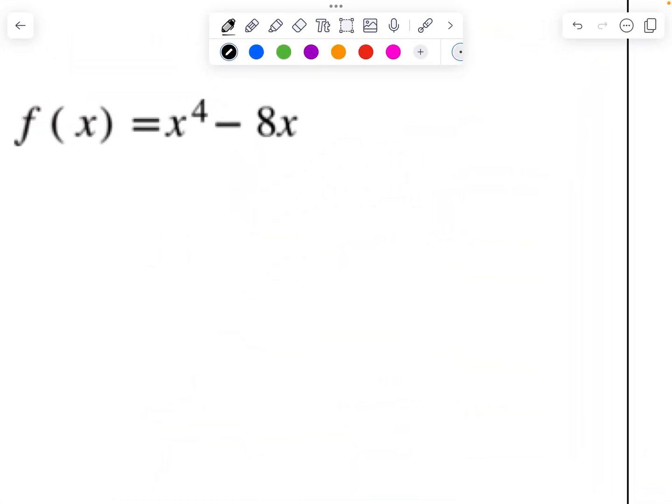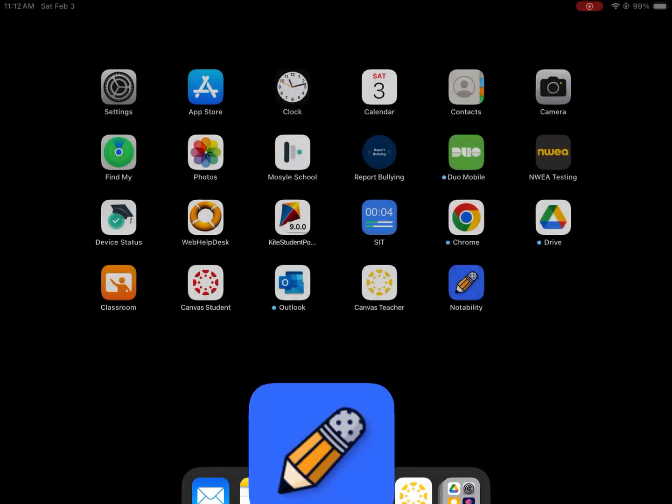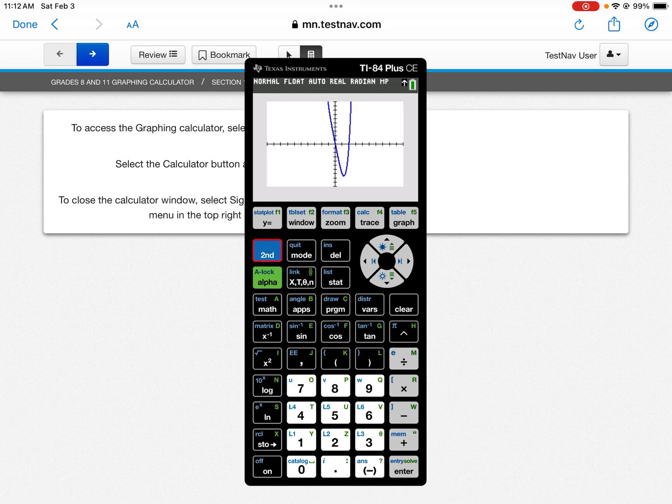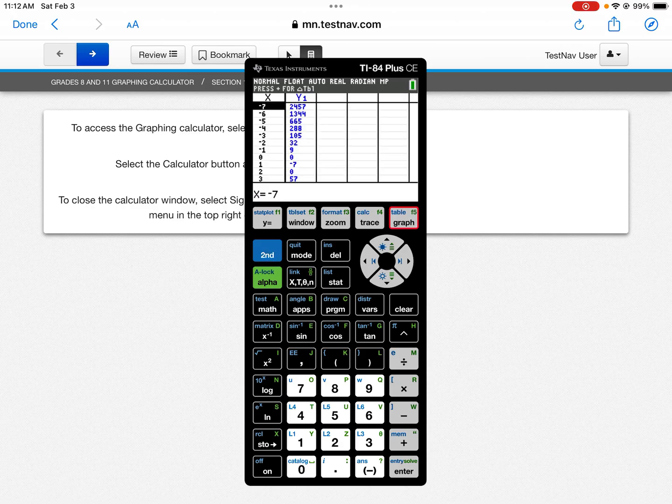Just want to double check. Hit graph. Looks like it hits at 0 and at 2. Look at our table. It does hit at 0, and it does hit at 2. So we know 2 of our answers are 0 and 2.